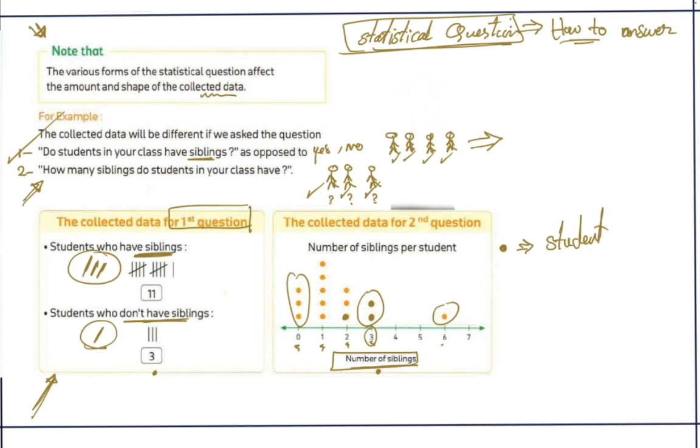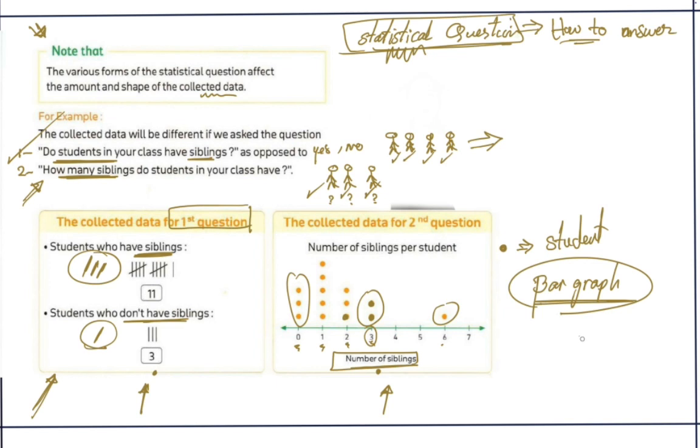So the idea is, according to the statistical question, I will decide the way I will answer it, such as a tally chart, or a dot plot, or maybe a bar graph. You remember? Of course, yes. So I can figure out the suitable way to answer this statistical question.